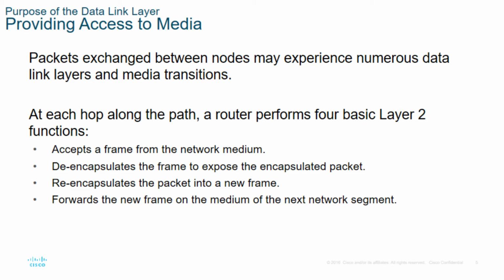Now, providing access to media. Each network environment that packets encounter as they travel from a local host to a remote host can have different characteristics. For example, an Ethernet LAN usually consists of many hosts contending for access to the network medium, and the MAC sublayer resolves this.